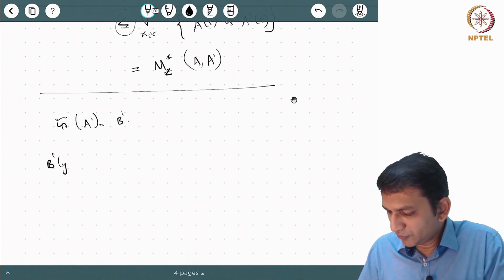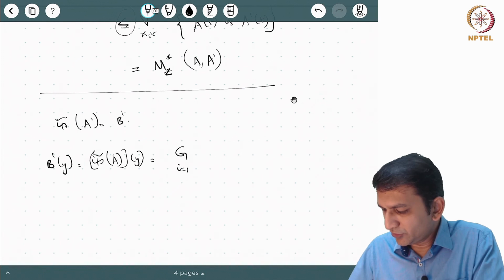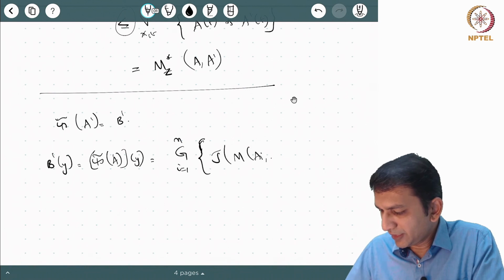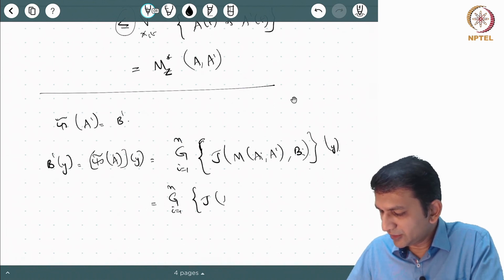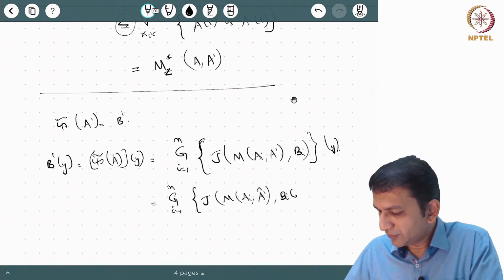Now B dash of Y is equal to psi tilde of A dash at Y. Now this is nothing but G of I equal to 1 to n, J of M of A comma A dash comma B I. Now clearly we know that M is extensional, so this can be written as M of AI comma A dash cap comma B I of Y. So this is the value that we need to put.